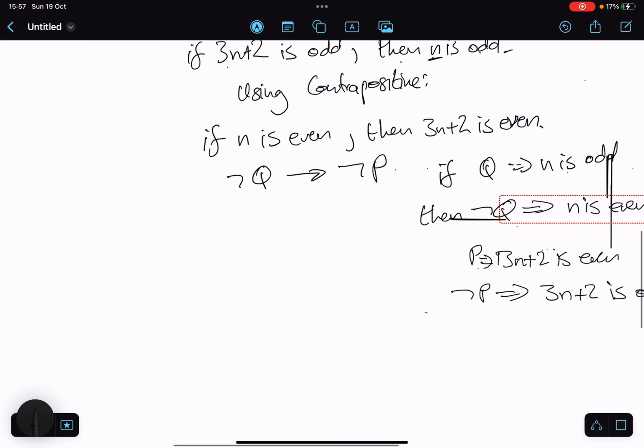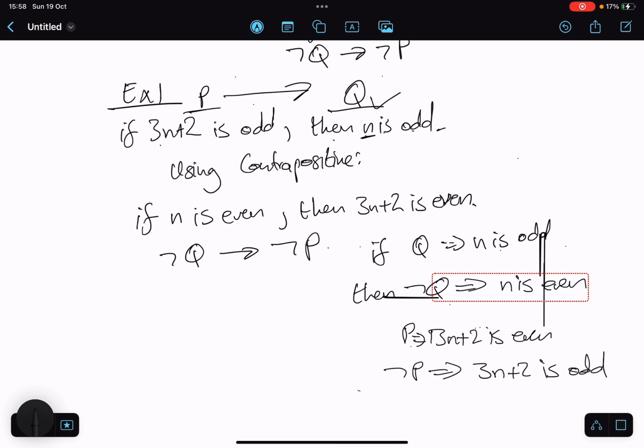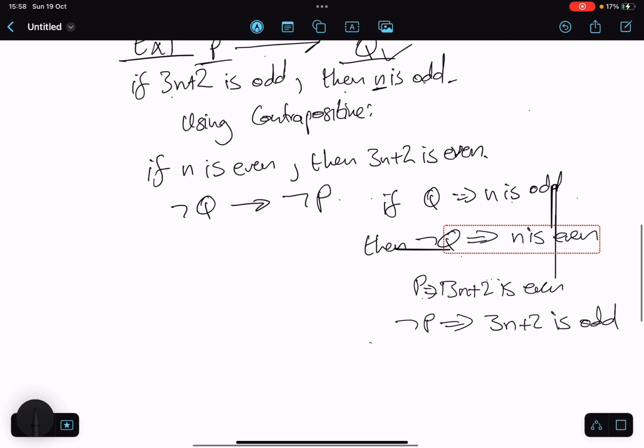We did negation. So that's what the statement is. Originally we're given the statement: if 3n plus 2 is odd, then n is odd. Using the contrapositive, we reverse the statement and say if n is even, then 3n plus 2 is also even. So this is how you prove it.